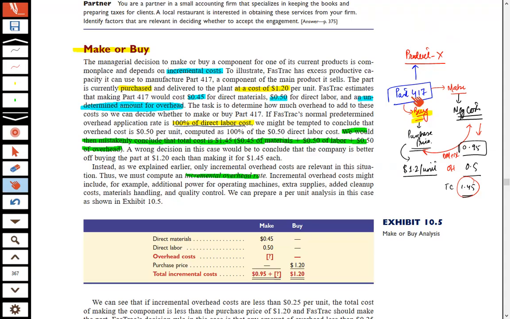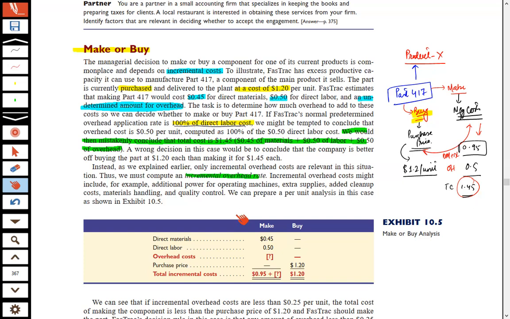But this is just the making of one of the parts. It may not require that much skilled labor or that much labor force. So applying 100% of direct labor cost would not be justified to calculate the total cost. Are you getting this?